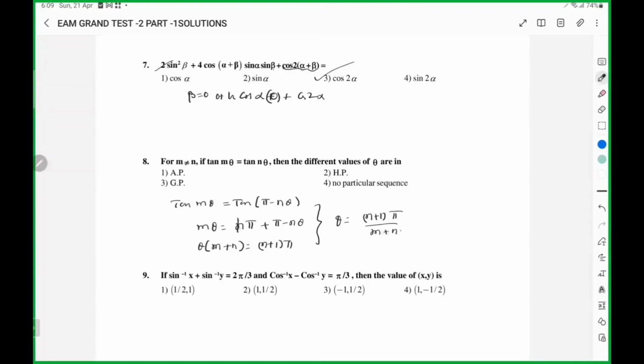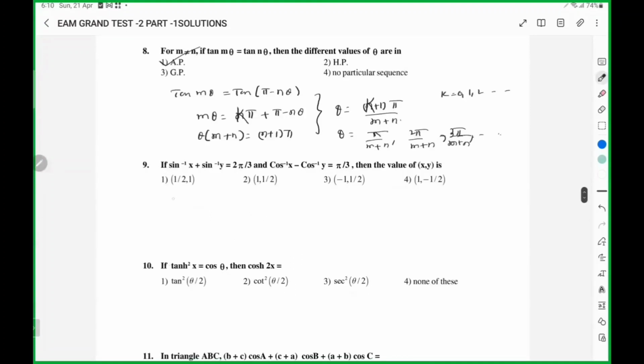Here better to write k. So k values 0, 1, 2, and so on. Theta will be pi by m plus n, 2 pi by m plus n, 3 pi by m plus n. The difference of consecutive terms is the same. So they are in AP.